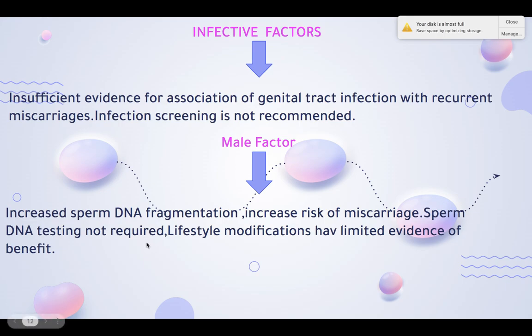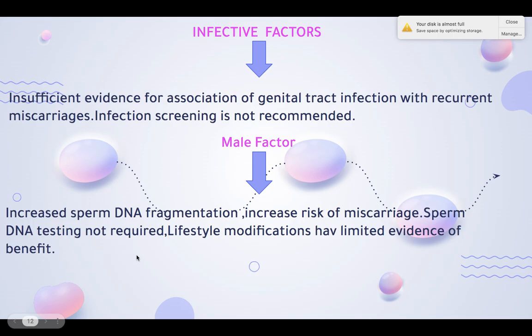Data is more consistent with regard to association between abnormal sperm DNA parameters such as sperm DNA fragmentation, nuclear chromatin decondensation, and sperm aneuploidies in miscarriages. Although male factor increases the risk of miscarriage, as we have already discussed in the risk factors, DNA testing is not recommended.